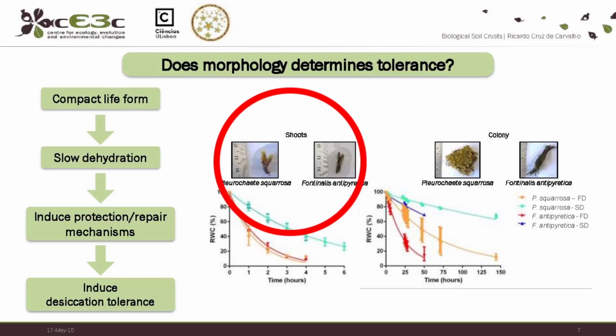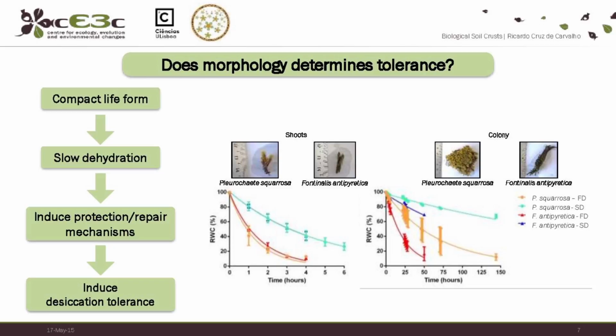and in fact the shoots dehydrate exactly the same. This is slow dehydration, this is fast dehydration, and they overlap. Pleurochaete and Fontinalis antipyretica dehydrate at the same speed when they are isolated shoots.